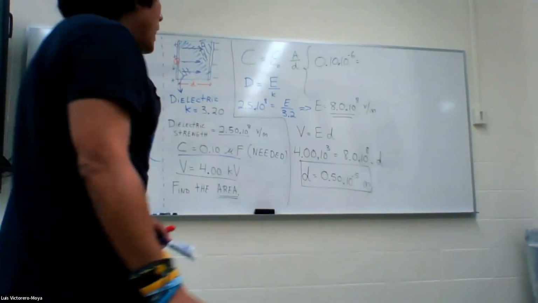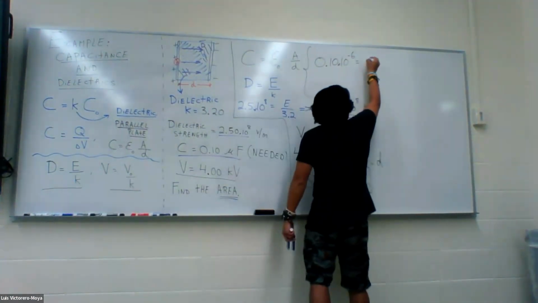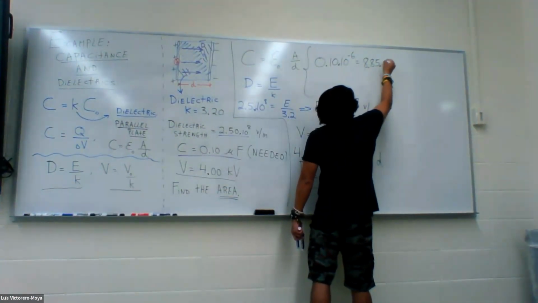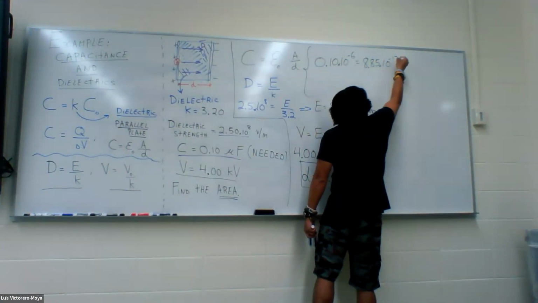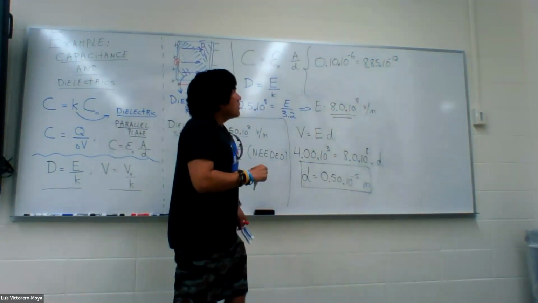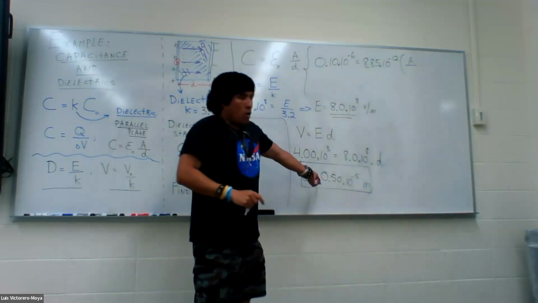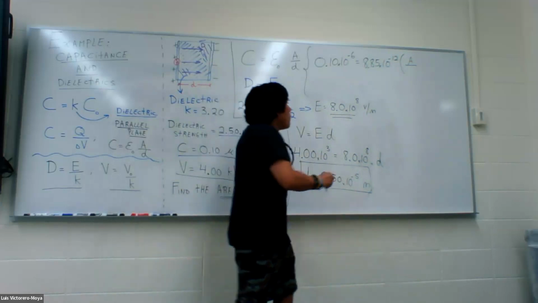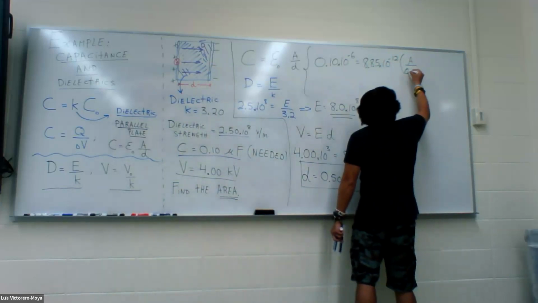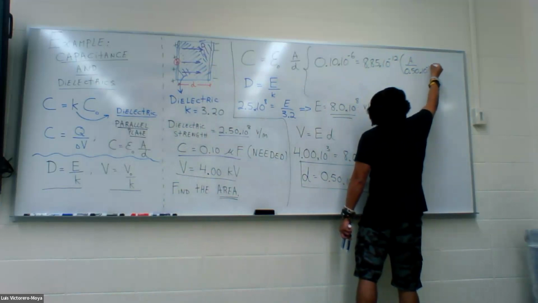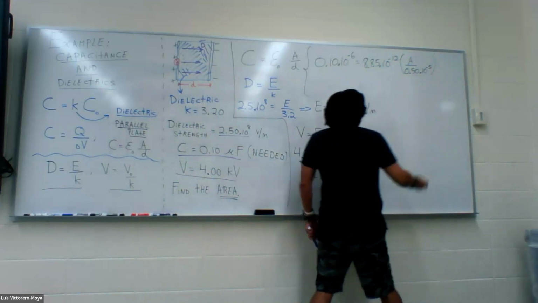It is your 8.85 times 10 to the negative 12. That is your epsilon naught. Area multiplied by area over the distance, which is 0.50 times 10 to the negative 5 meters.